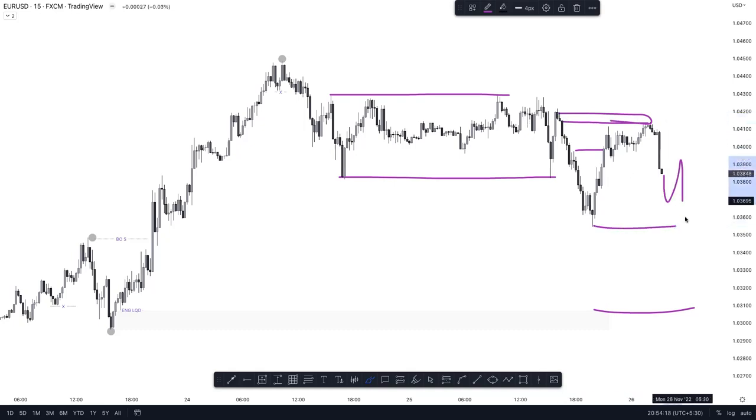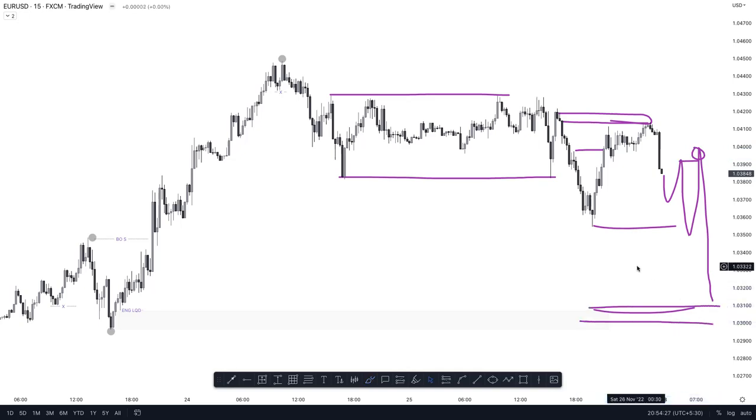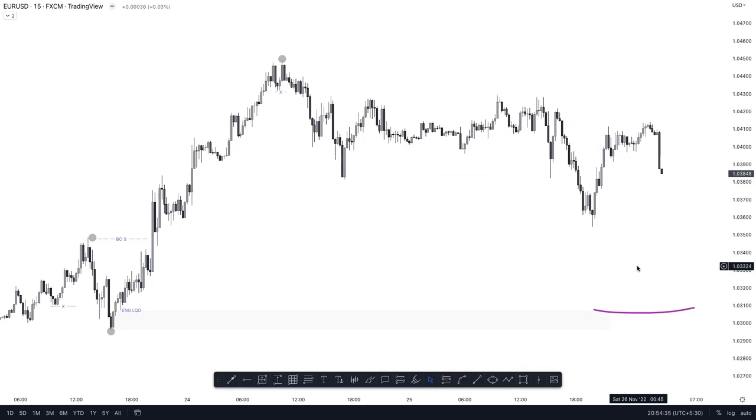Again break the structure, again sell until it broke this, took out this line, and we can sell until it taps on the extreme here. So this is a possible scenario right now here in EURUSD as per the 50-minute structure. We are looking here for a short term sell, tap on this extreme POI, right?